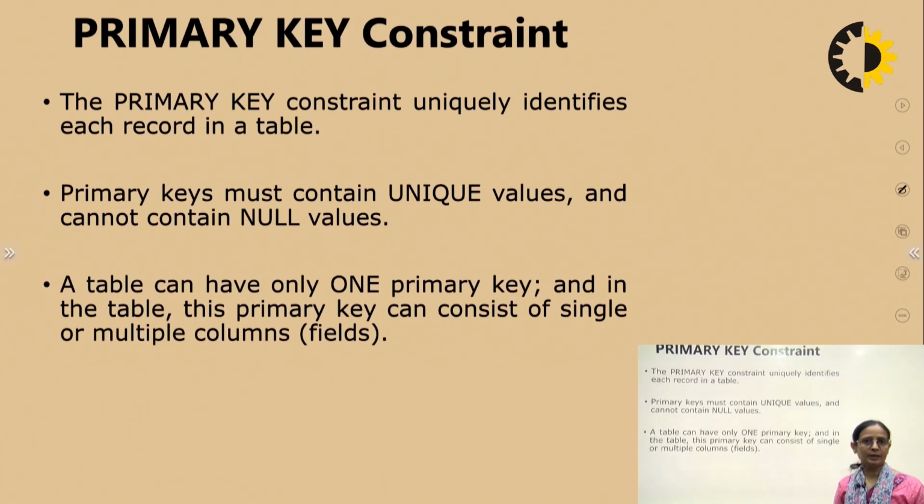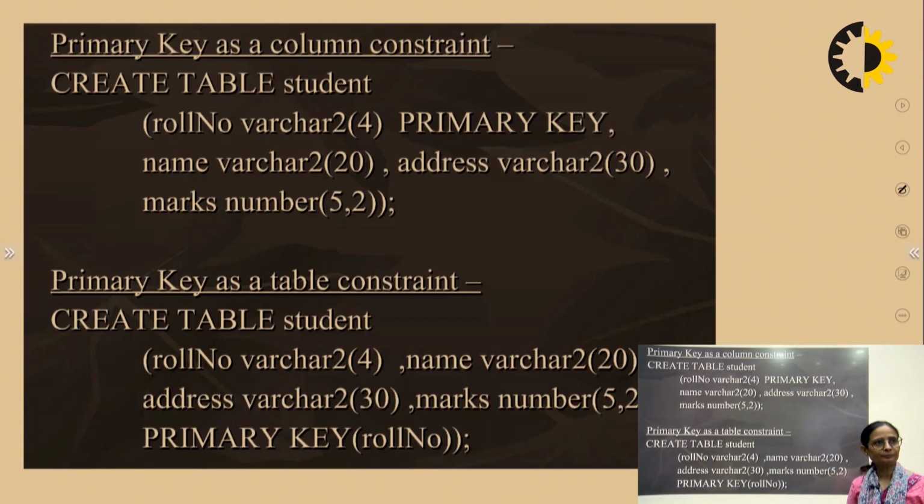Next important constraint is the primary key constraint. The primary key constraint uniquely identifies each record in the table. Automatically, it is both unique and not null. As we have already discussed, we could have only one primary key. How will I define the primary key constraint at the column level?